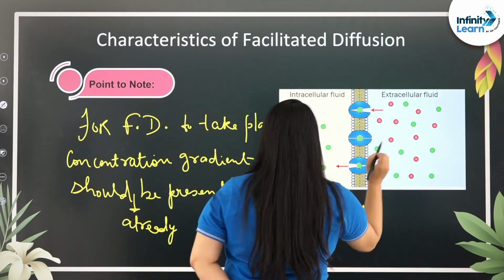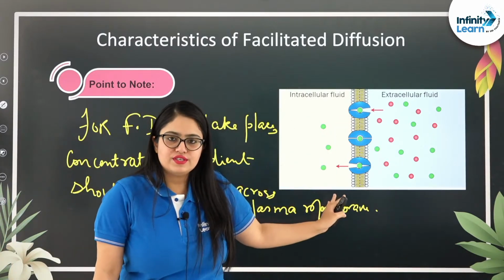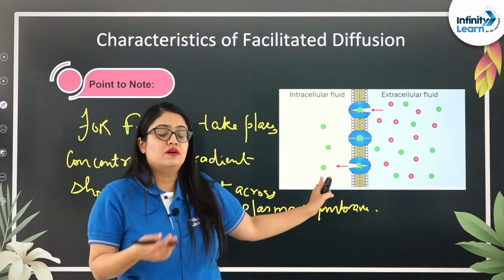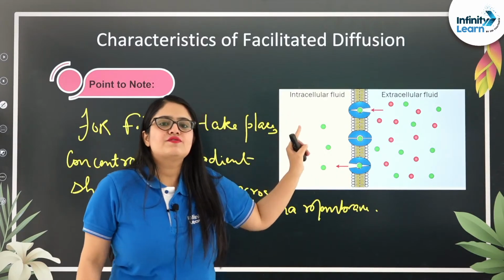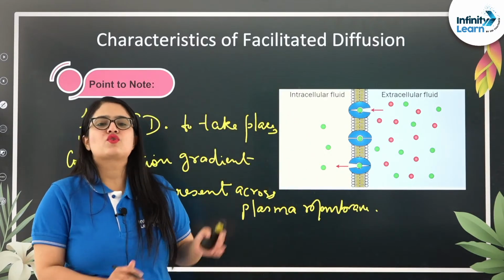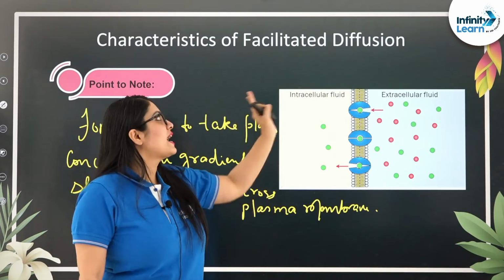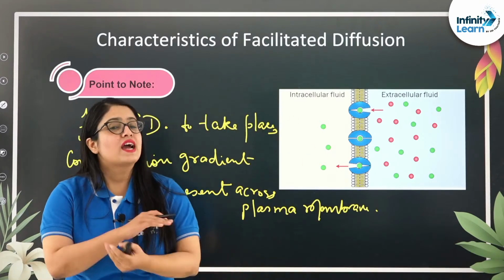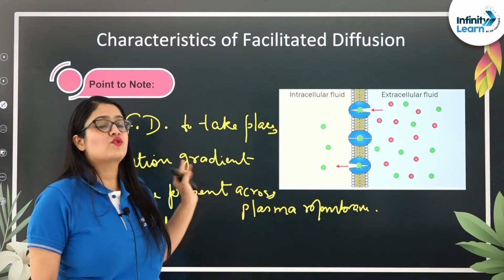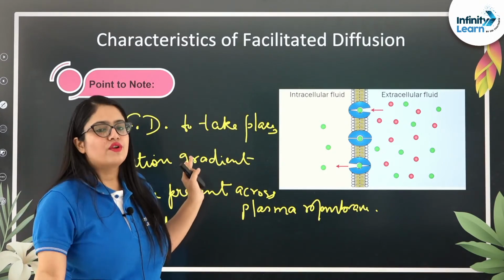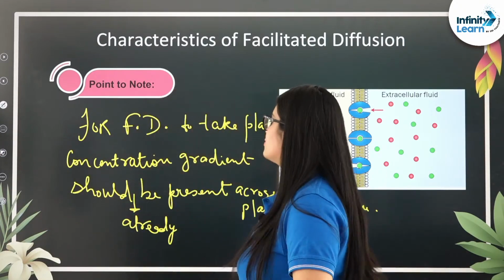Please note, students, the help of the membrane proteins, the carrier proteins that are helping in facilitated diffusion, will not establish this concentration gradient. It should be present already for facilitated diffusion to take place. I really hope this much is clear to all of you.